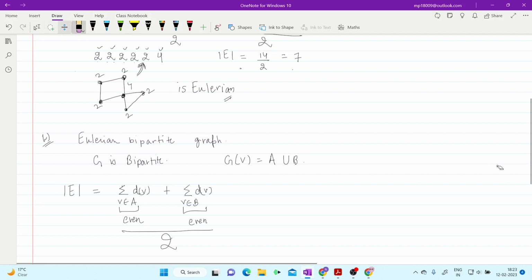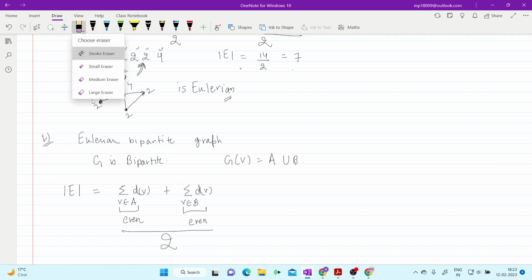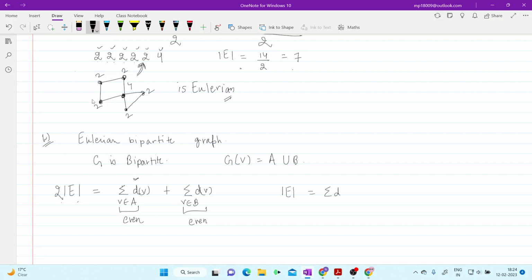So we have that 2 times the number of edges, for a bipartite graph, equals this sum. So the number of edges is the sum of d(v) for v in A plus the sum of d(w) for w in B, divided by 2.